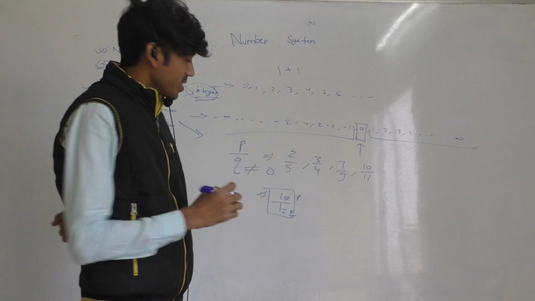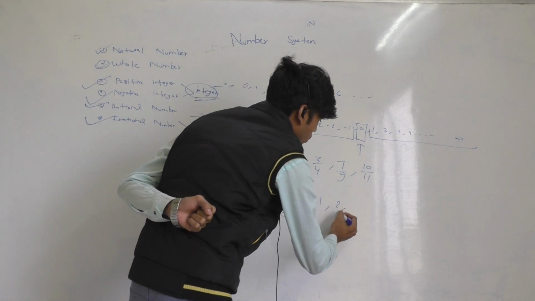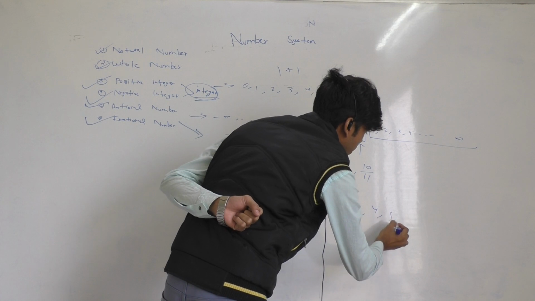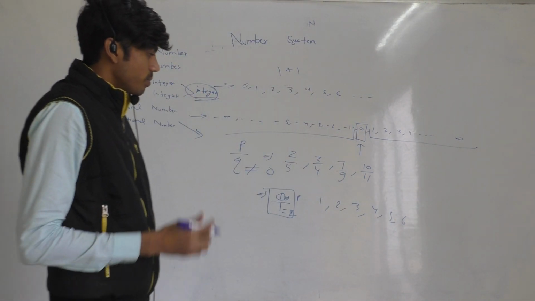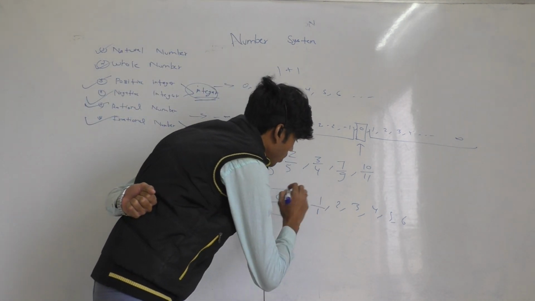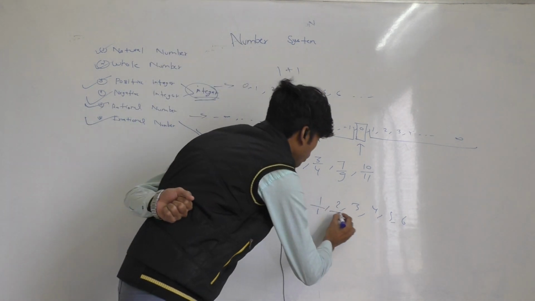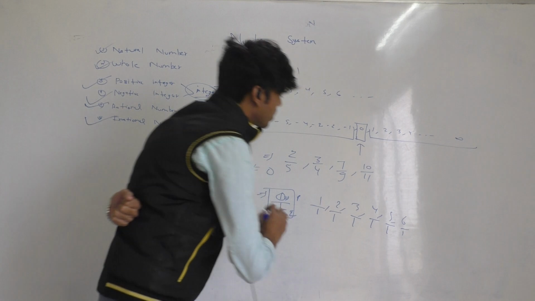Students get confused with this type of number, normally 1, 2, 3, 4, 5, 6, whether they are rational numbers or not, but they are rational numbers. Why? Because we can write them upon 1: 2 upon 1, 3 upon 1, 4 upon 1, 5 upon 1, with any number we can write.